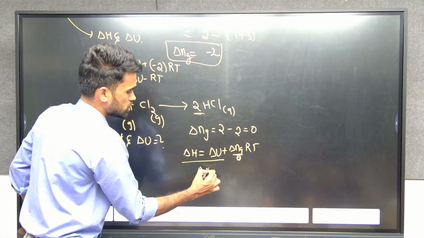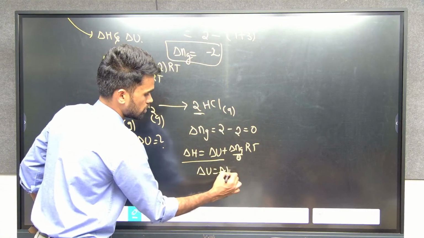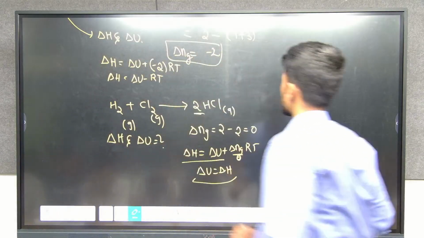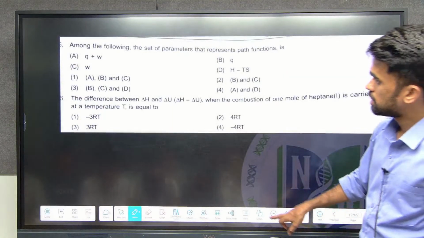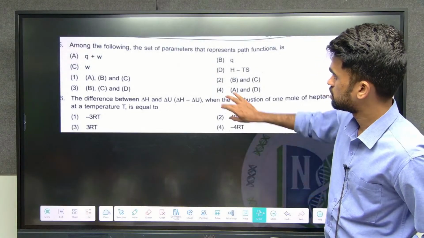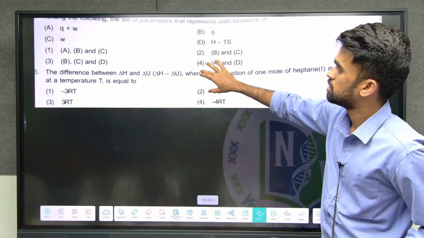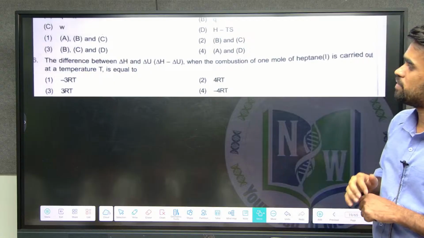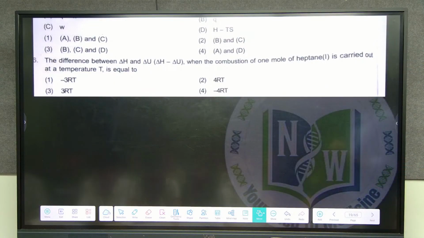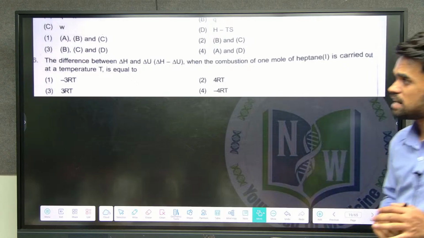Now based on this, you should answer this question. The second one, answer me first: the difference between delta H and delta U when the combustion of 1 mole of heptane is carried out at T temperature. First write the formula of heptane.